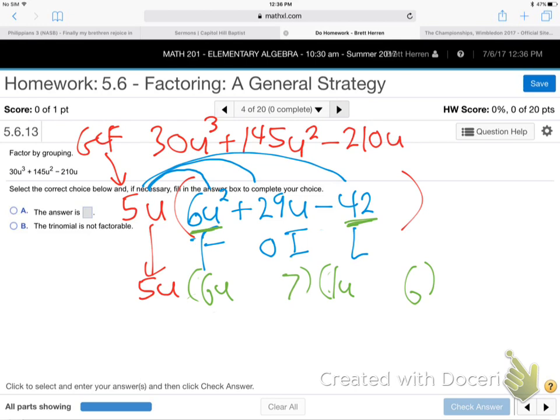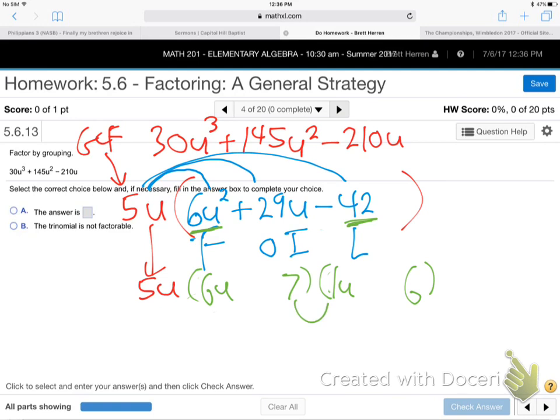Everybody see how I arrived at that pretty quickly? By just observing that when I had 2u, 3u, there was no way to put the 6 with anybody for the 6 times 7. So then I thought, oh, we'll make it 6u, 1u, or regular u, and then the 6 can be with the regular u. Do you see how I naturally arrived at that?